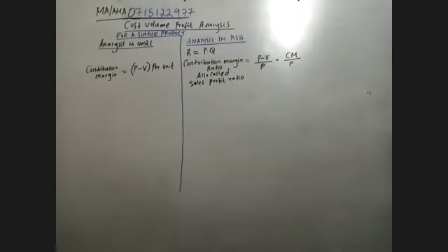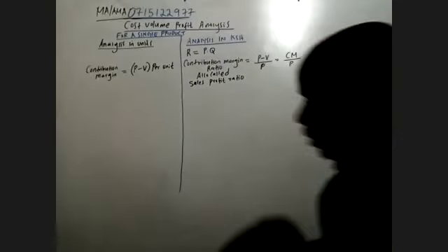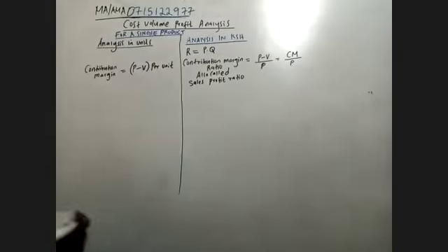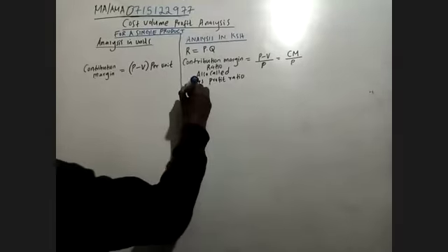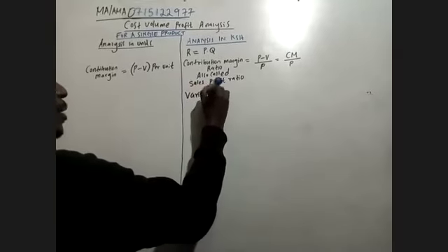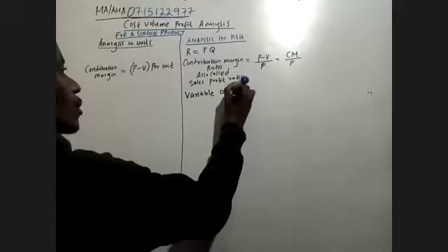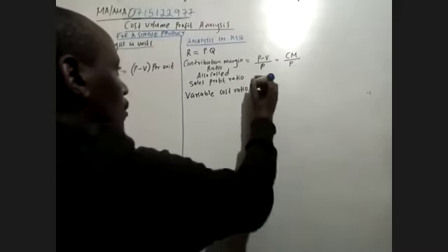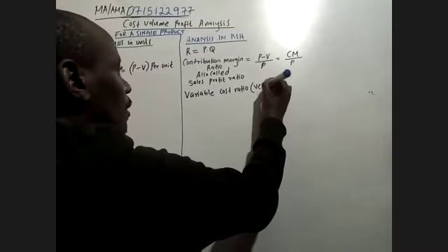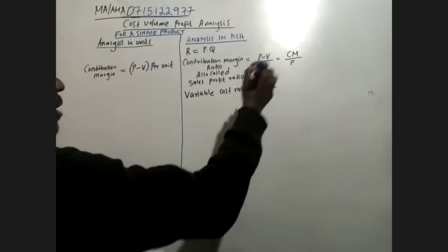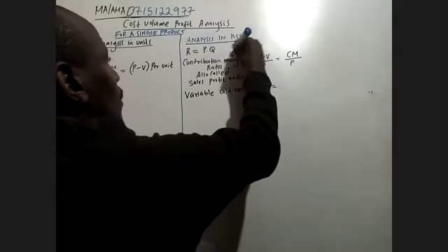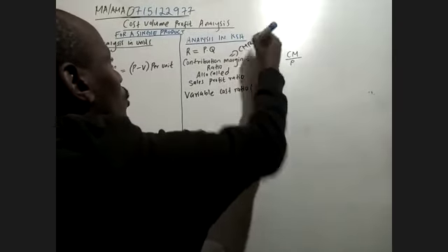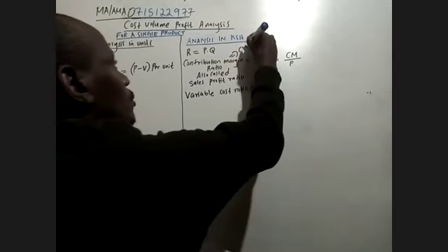Now let's talk about variable cost ratio. This one is the other side. Variable cost ratio, that is VCR. Inakunga CMR. Remember this one is the contribution margin ratio, CMR.